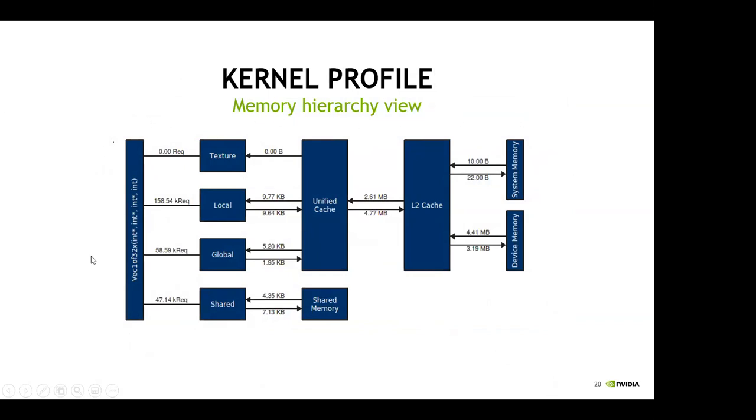Here you see a schematic of a GPU. You start here on the right with the device memories, what we call the global memory, and the system memory, the CPU memory. And you see the amount of memory coming in and out for each.